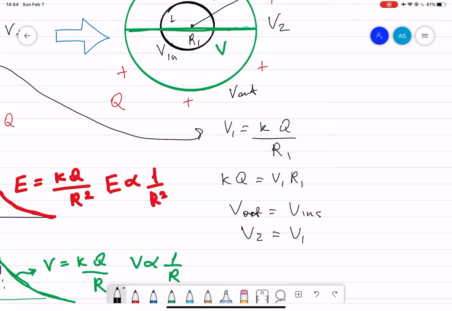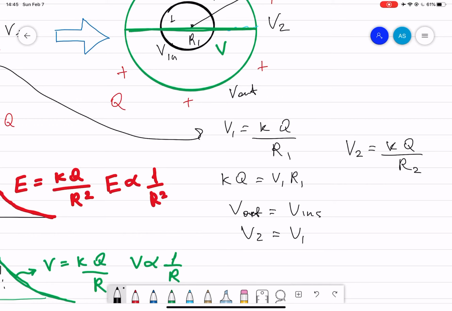If that's the case, then we can find V2. V2 is equal to kq, the charge is constant, divided by R2, correct?